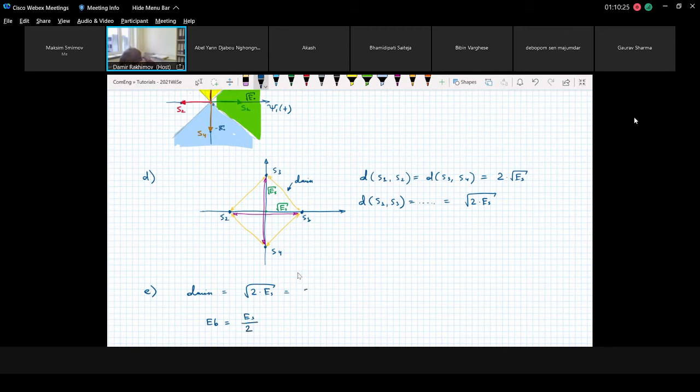Then we get 2 times EB, and as a result we have 2 times EB under the square root. This is the result for the last part.